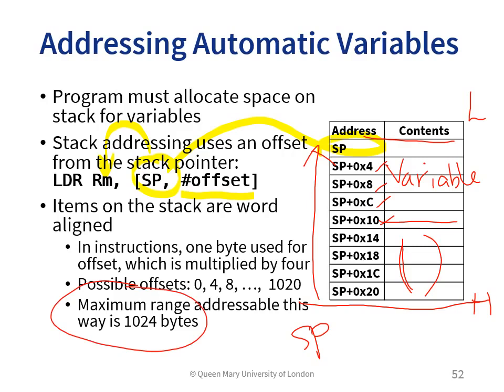Why? The reason is that the offset is encoded within the instructions and 10 bits are used. But this should be quite enough for most of the automatic variables. If you need more than that, then you need to use the heap memory instead.